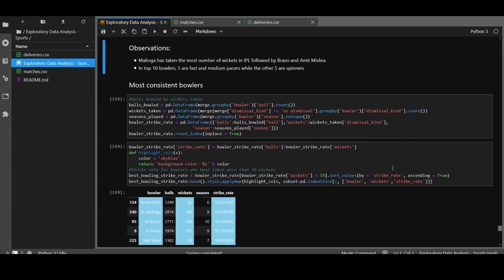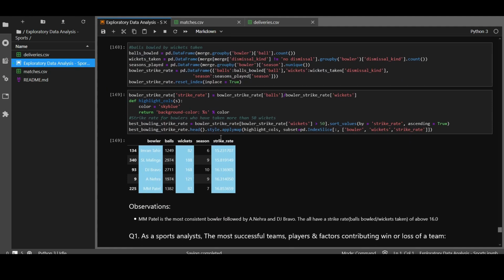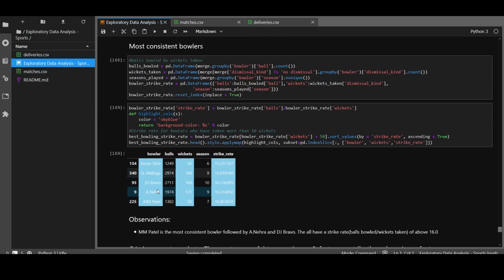Now we are finding out the most consistent bowlers. Here it's the strike rate of the bowlers: this many balls, this many wickets, and this many seasons. We are calculating the strike rate, that is balls bowled per wicket taken.